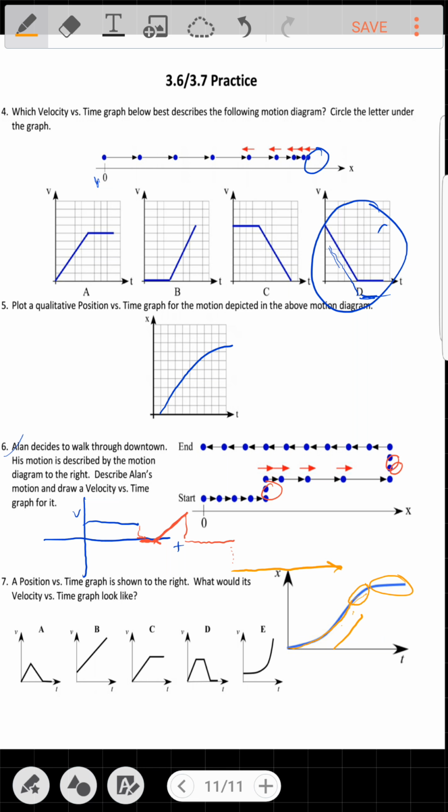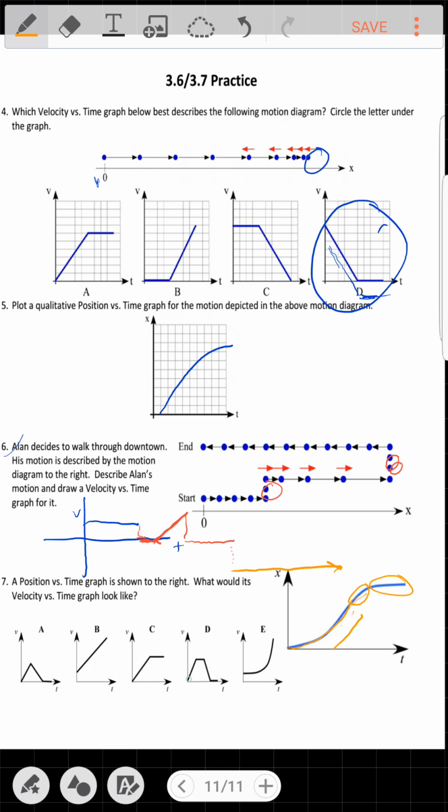So which one shows me speeding up, slowing down in a positive direction, speeding up in a positive direction, slowing down in a positive direction, and then coming to a stop? Well, let's work backwards. This one is constant velocity, and then speeds way up. Velocity over time is very fast. This one goes at a constant velocity.